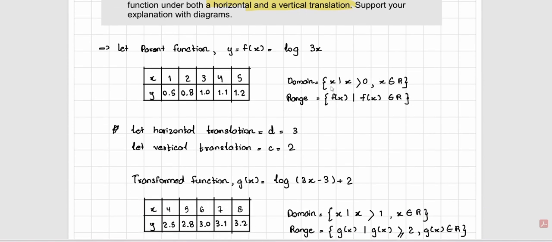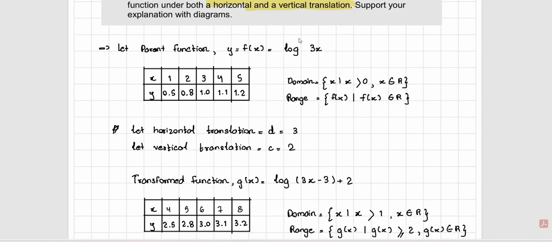So for the domain, the values of x are going to be greater than 0, because if you put 0 into the function, log 3 times 0 means log 0, which is undefined. And if you put a negative value as well, for example negative 2, log 3 times negative 2, which is a log of a negative number, is undefined as well.